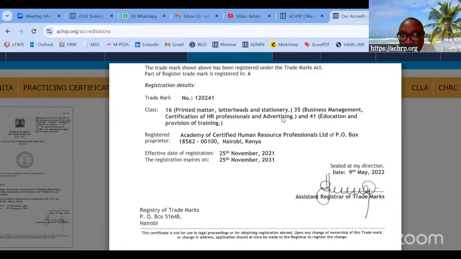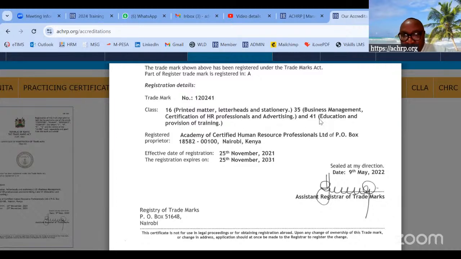For those in consultancy, you are eligible to use on your letterhead that you are a certified HR auditor. Class 35 is certification of HR professionals and advertising: if certified, you are eligible to use the CHRA on your business card.